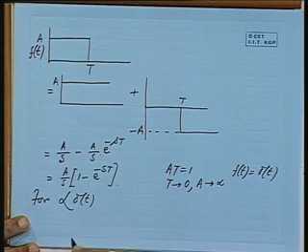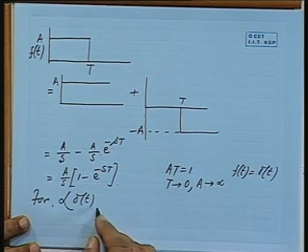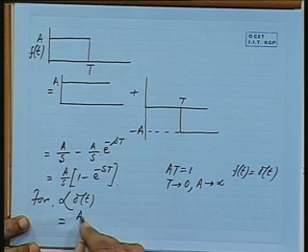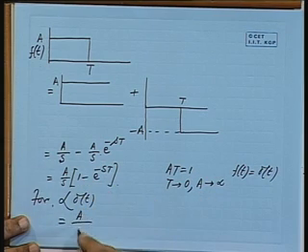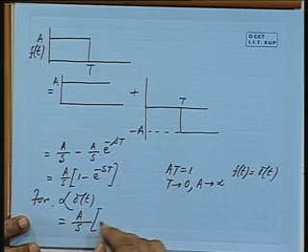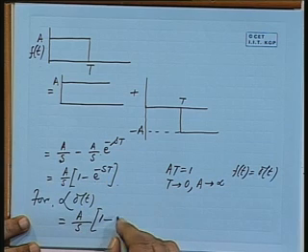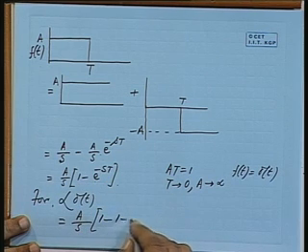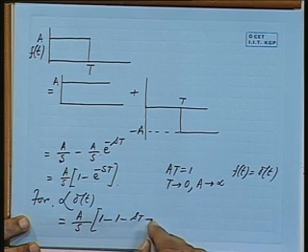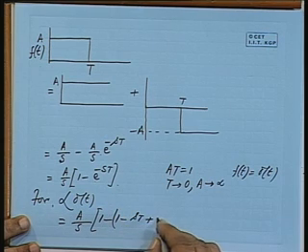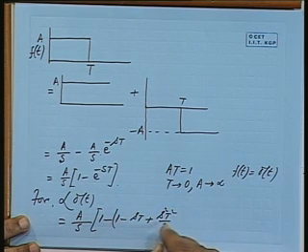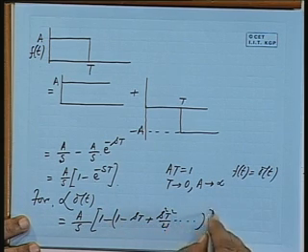So, the Laplace transform of delta t we want to compute. We will substitute that condition here: a by s into 1 minus e to the power minus s t, which is 1 minus s t plus s squared t squared by factorial 2 and so on.